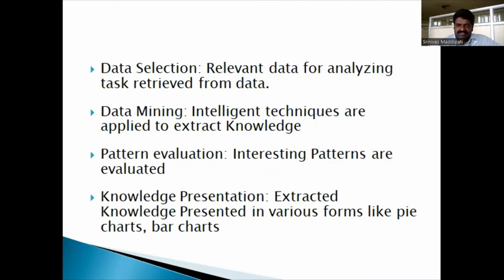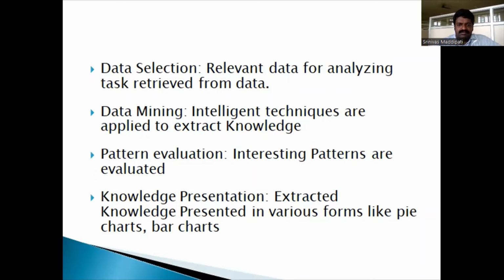Next, data selection. The data relevant to the analysis task is retrieved from the data. If you consider any data mining task, we have relevant data and irrelevant data. We need to select only the relevant data. For example, if I want to find who is the topper in the class, I need the marks of the students.